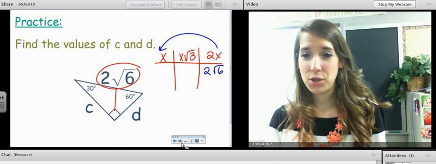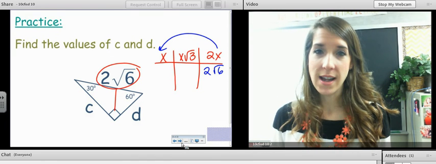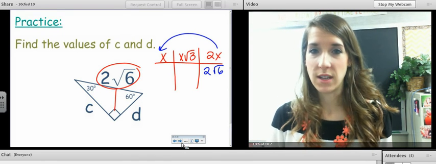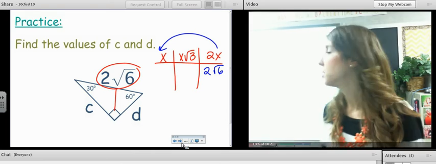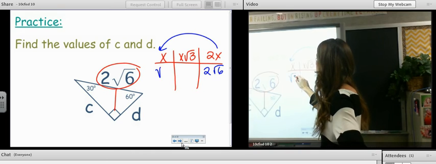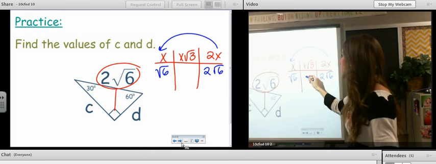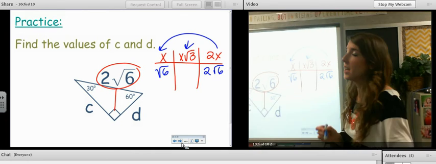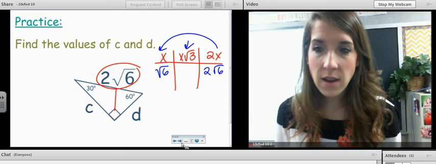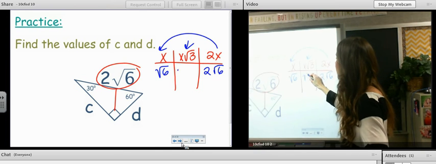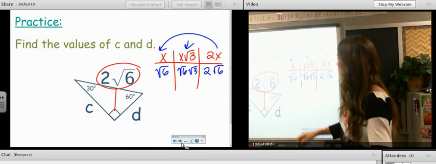So if 2 root 6 is double what I need, to undo it I need to divide by 2. 2 root 6 divided by 2 is just root 6. And then just follow what it says. Take x and multiply it by root 3.